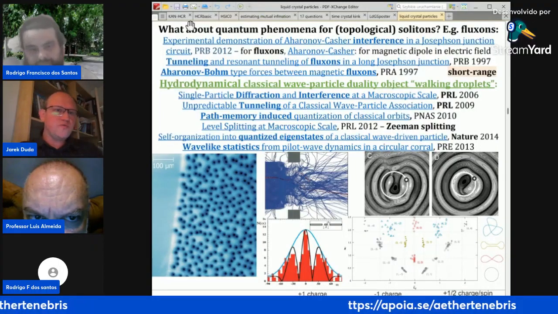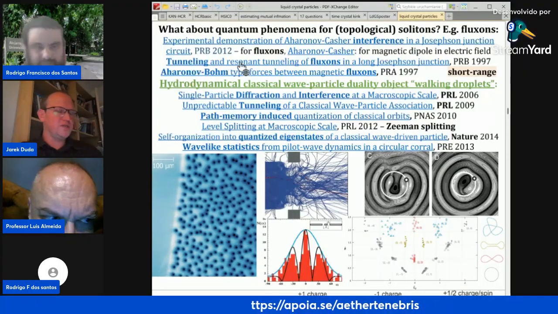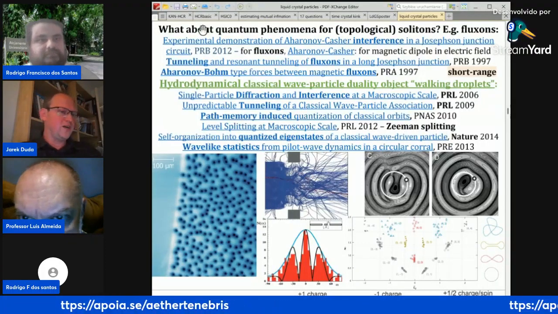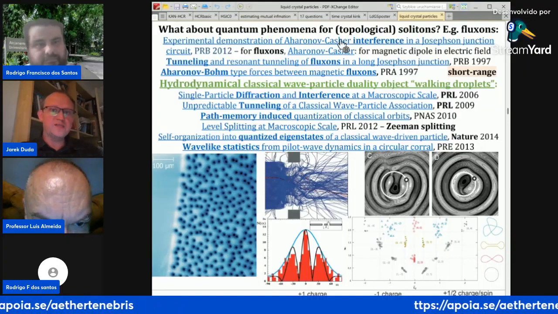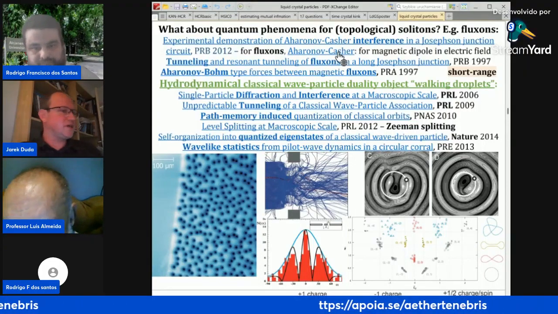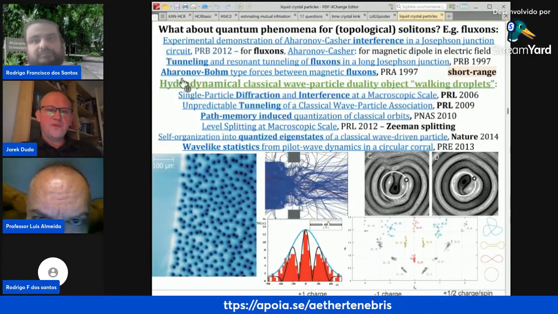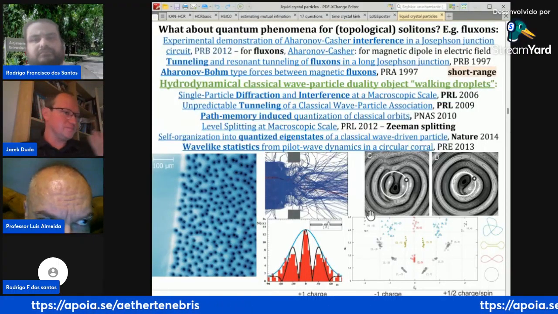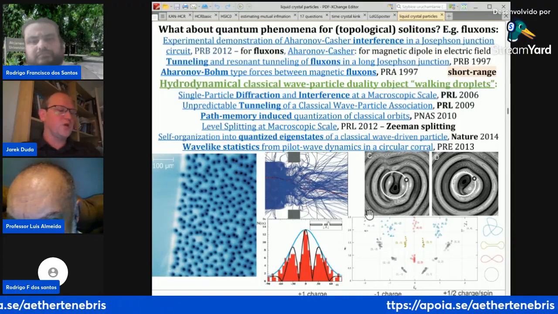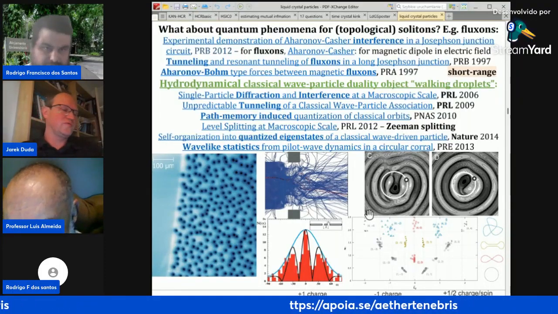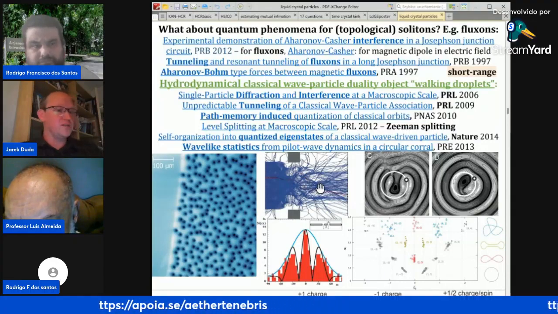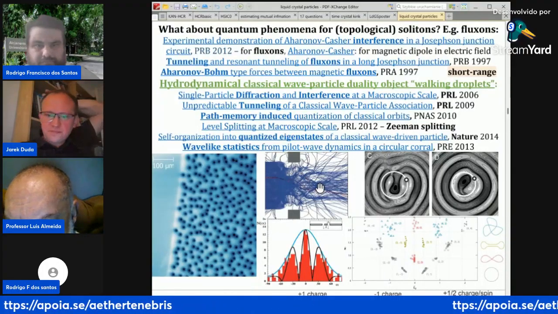So finally, if you have these topological objects like these vortices, for vortices there are also quantum-like effects observed, like this interference, like Aharonov-Casher, which is like Aharonov-Bohm. There is tunneling. So generally, these topological objects also require quantum-like description to work with them effectively. But there still are concrete field configurations.